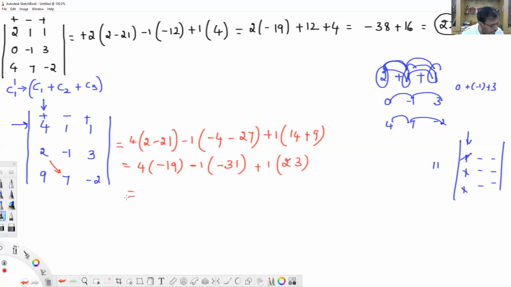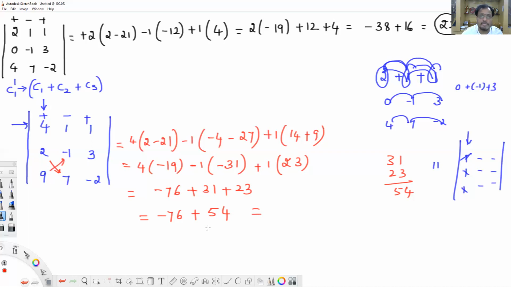So here once again: minus 76 plus 31 plus 23. So minus 76, 31 and 23 make 54.